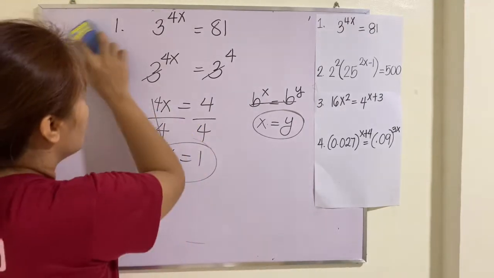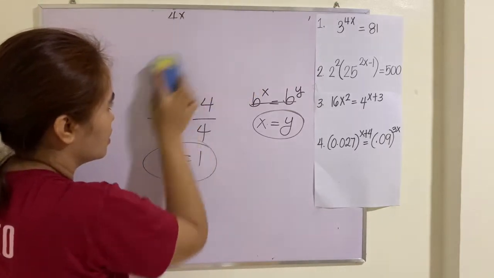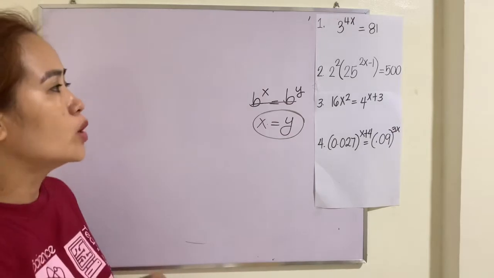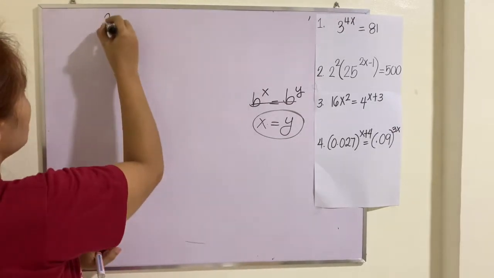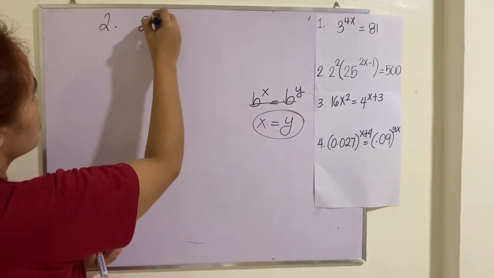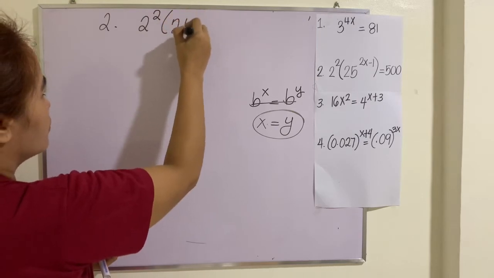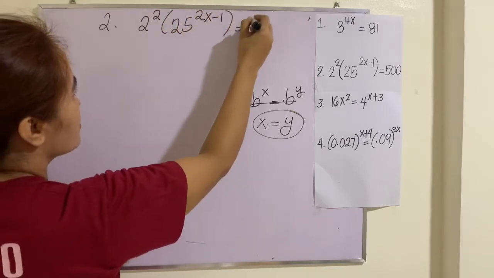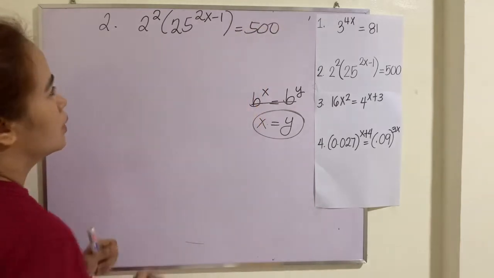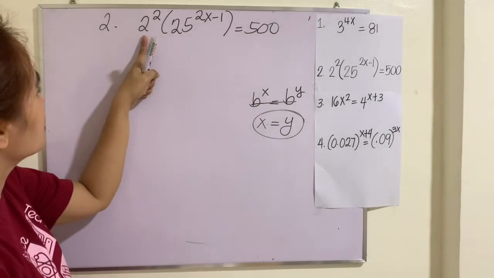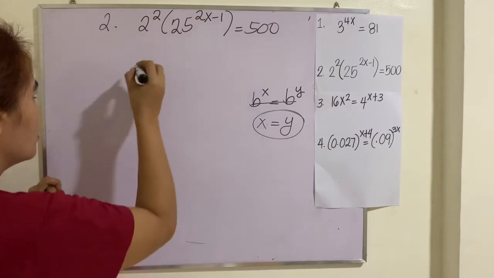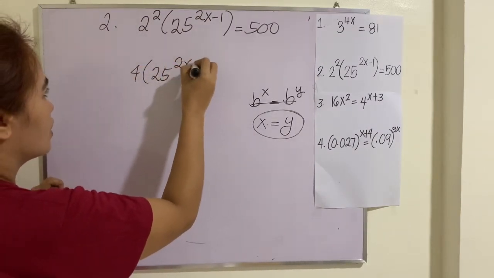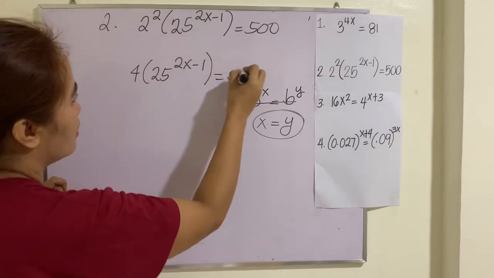Let's take example number 2. Again, see to it that it is always written in one-to-one property. Example number 2, you have 4 times 25 raised to 2x minus 1 equals 500.